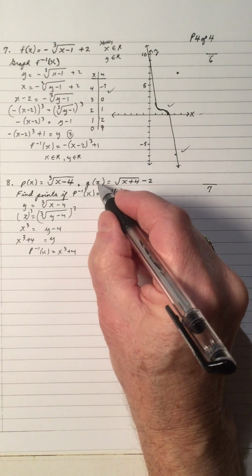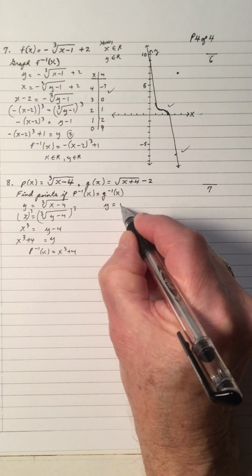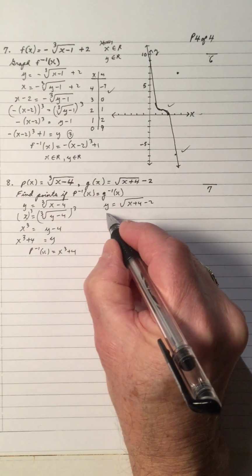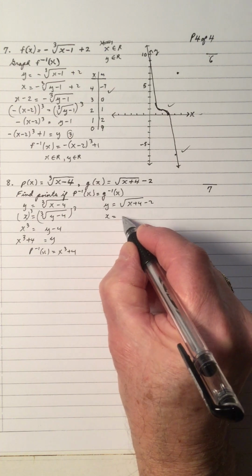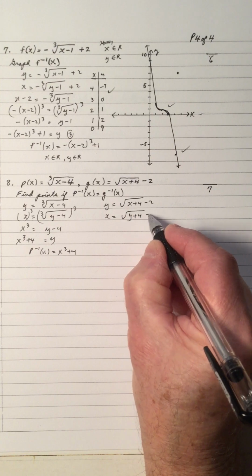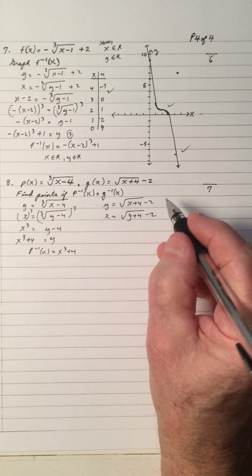Now let's do the g of x. Change the g of x to a y, write down the equation. Switch the y to an x and an x to a y. Again, we switch them because they're reflecting in the line y equals x.